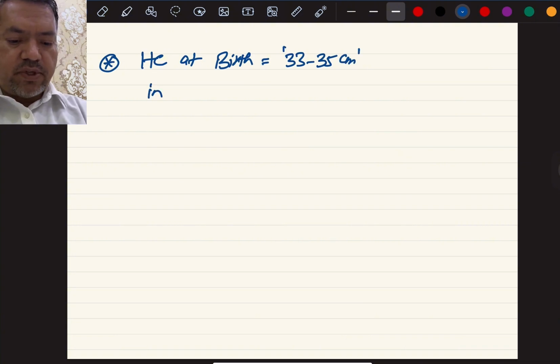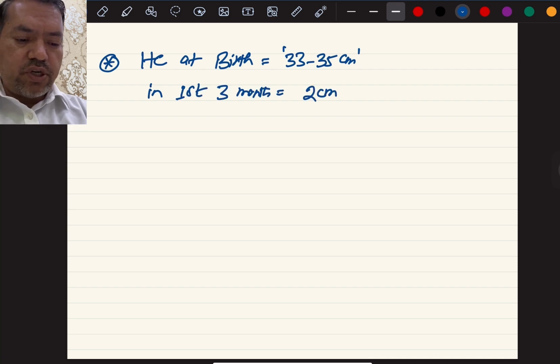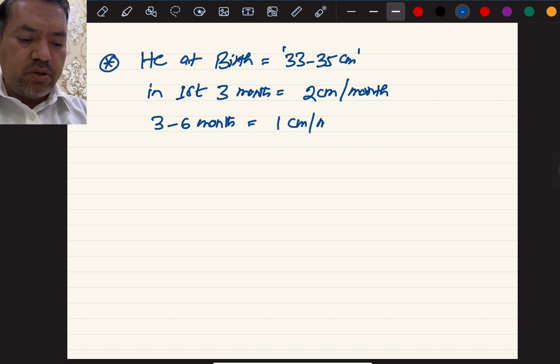Now in first 3 months of life, it grows 2 centimeter per month, and after that 3 to 6 months, okay, it will grow 1 centimeter per month. Now this will be enough for you to solve this question.